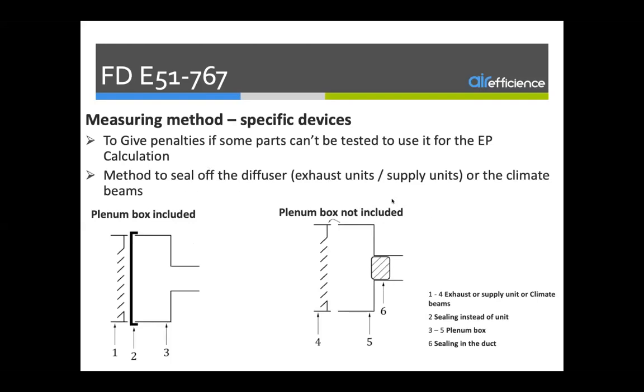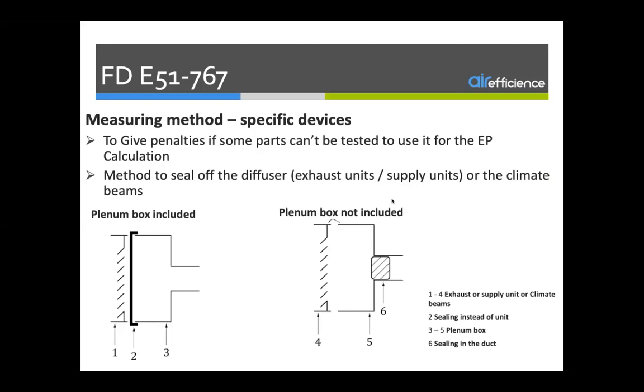The last point, when there are specific devices, the FDE 51767 gives penalties if some part of the ductwork cannot be tested, and these penalties are used for the EP calculation.